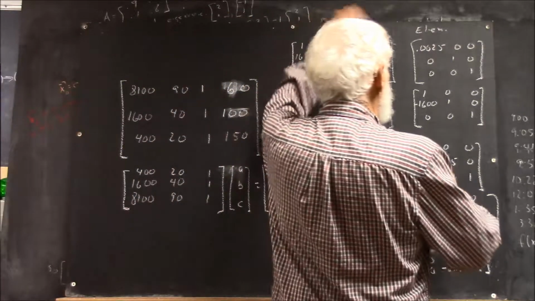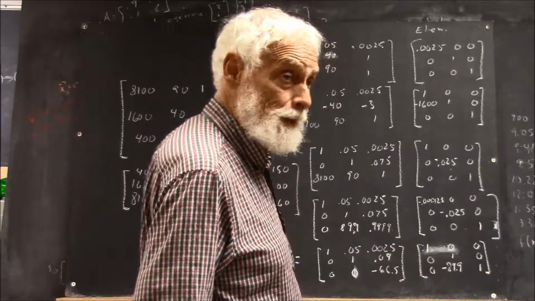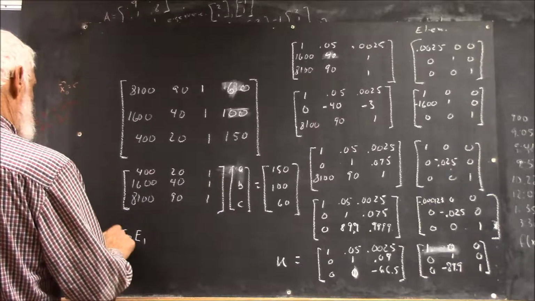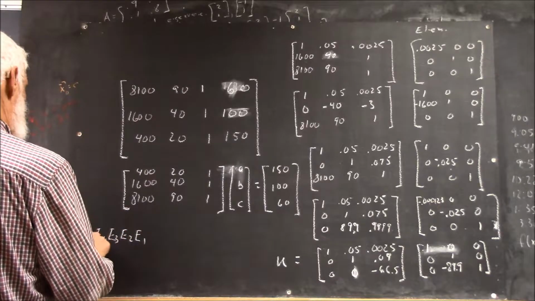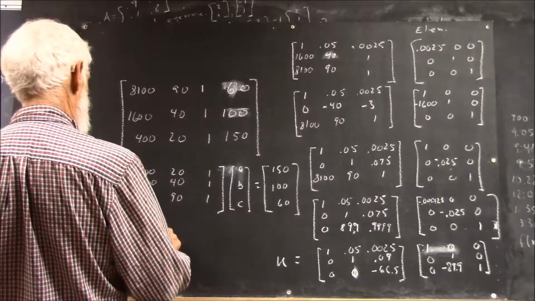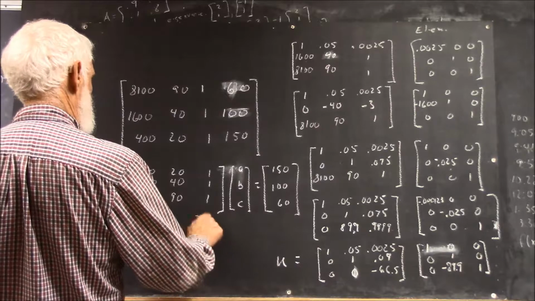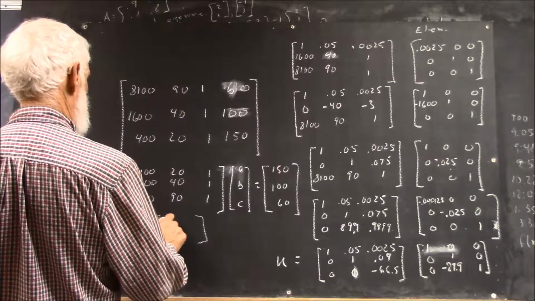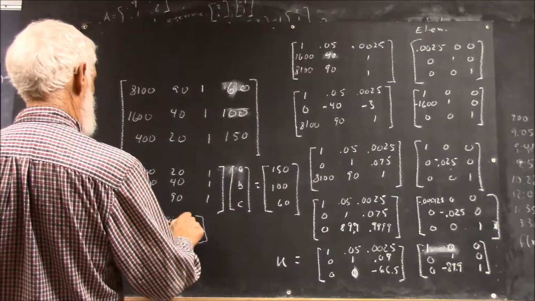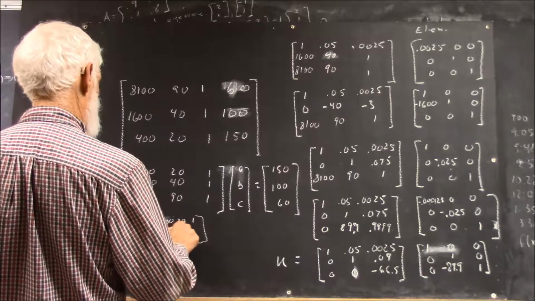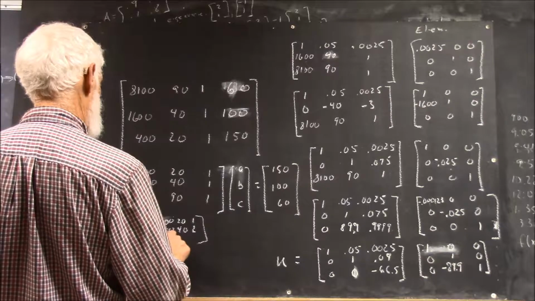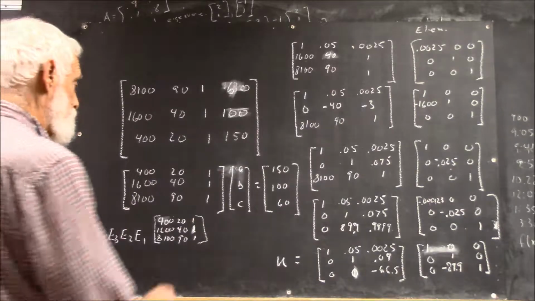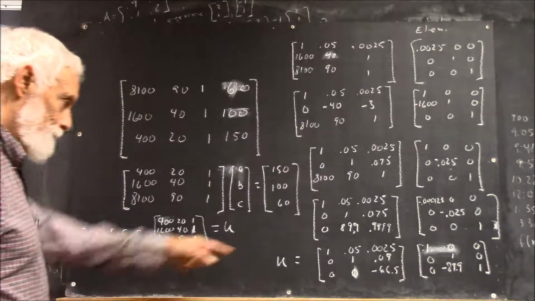If this is E1, E2, E3, E4, E5, then, I'm writing this out kind of sloppy because I'm just, that's not 2, that's 1. Okay? Equals U, right?